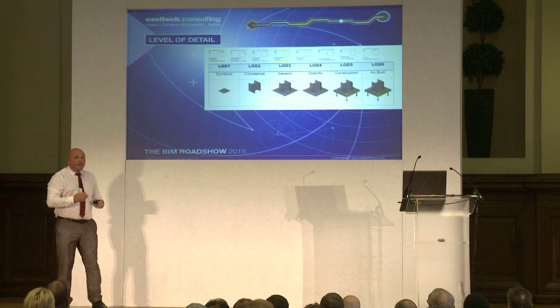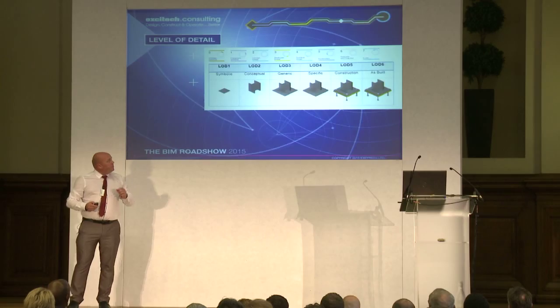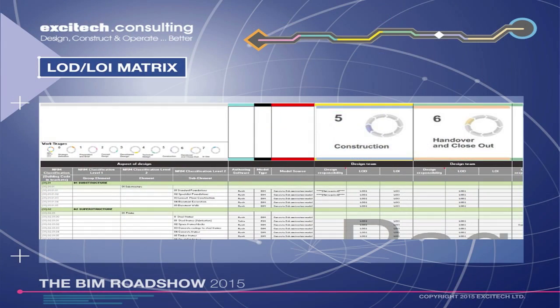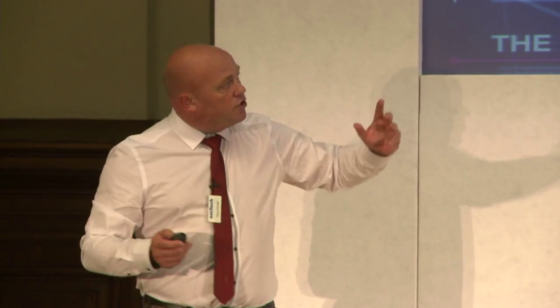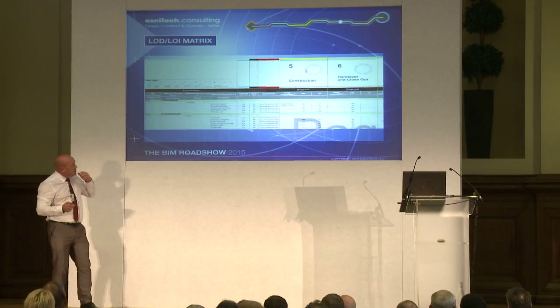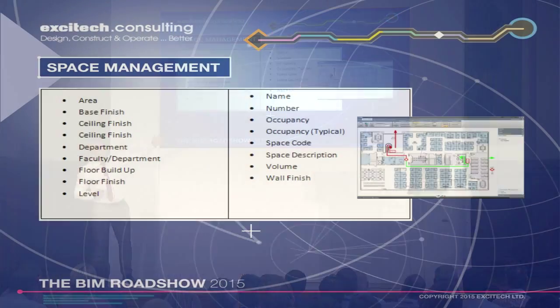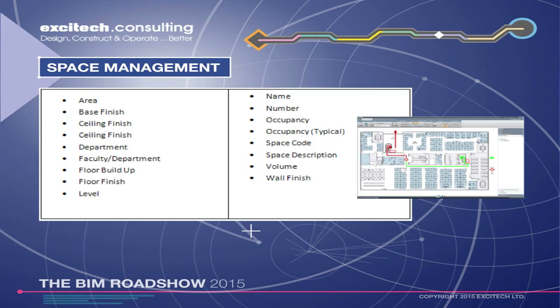And it's really important, because I need to manage it the same way as we've done during that design stage. We need to still manage it in the model element table. But now, obviously, we're going through to handover. Exactly the same process. But we need to consider the information.